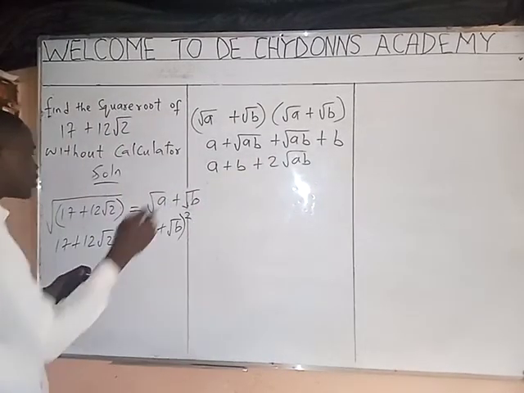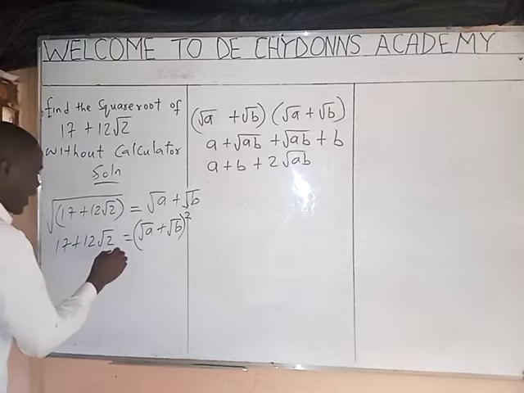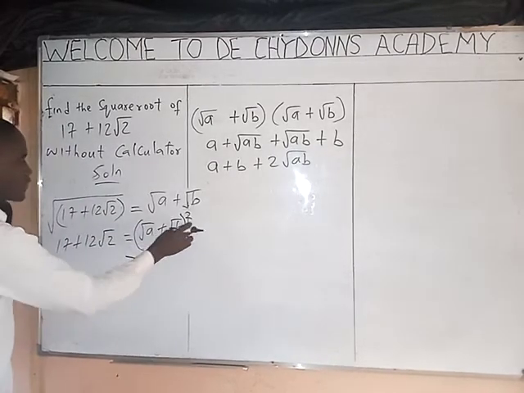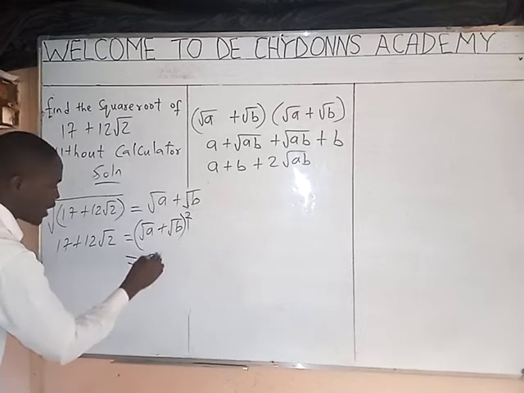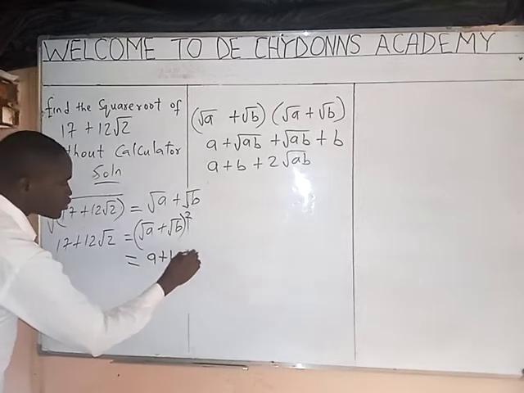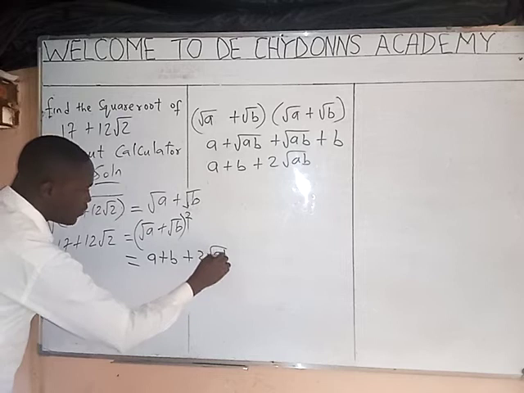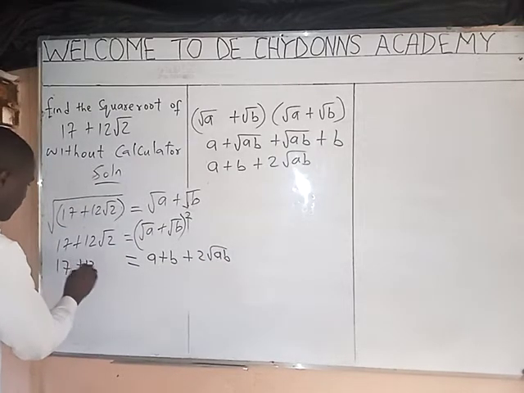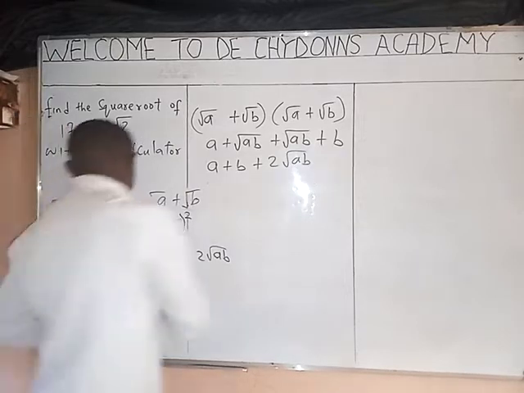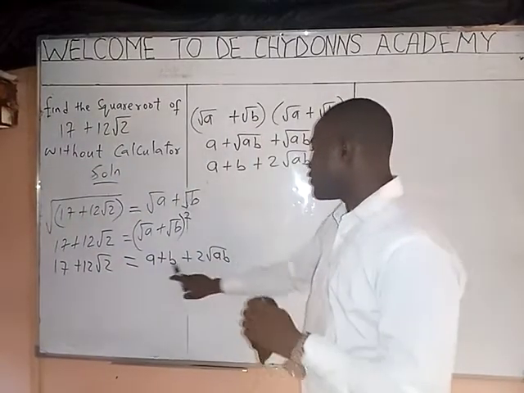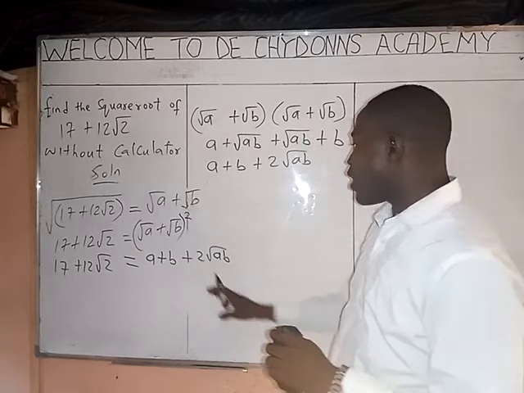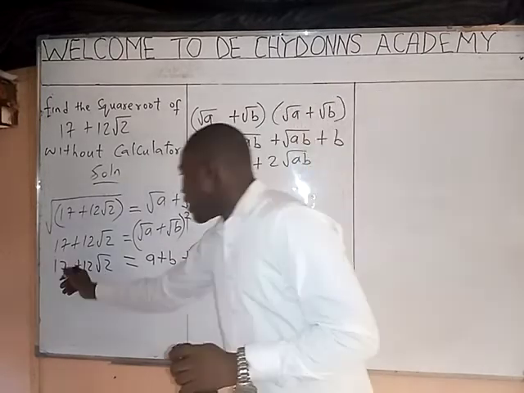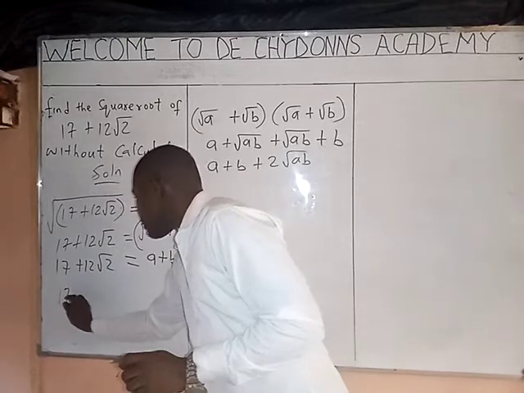So what you now do here is that you say this is equal to the expansion, which will give us A plus B plus 2√AB. Then you say 17 plus 12√2 will give you this. Then from this, let us package it well. This means 17.